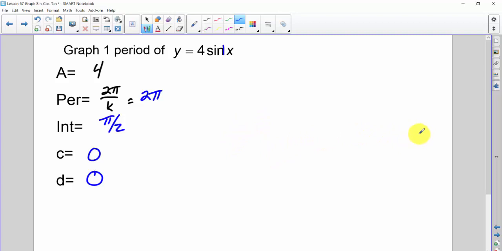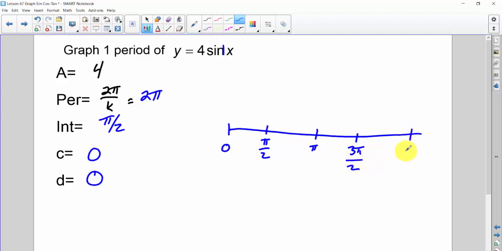So if I want to graph this, here's what I basically do. I'll go over and I'll start at 0 because that's where sine starts. I'll go in intervals of pi over 2, so that's pi over 2, pi, 3 pi over 2, and 2 pi. And then I will graph sine, but I need to note that instead of being 1 for my amplitude, it's going to be 4. So I start at 0, multiply the value of 0 by 4, and I get 0.